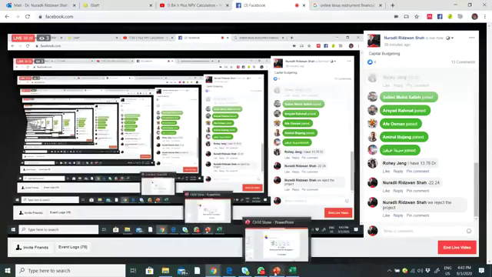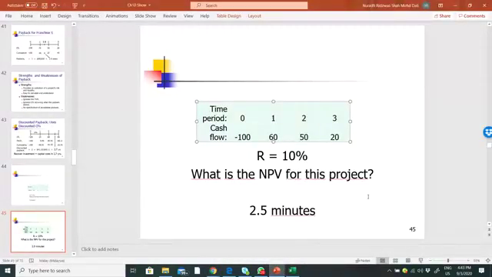Okay, the new exercise, different cash flow, the same initial investment.